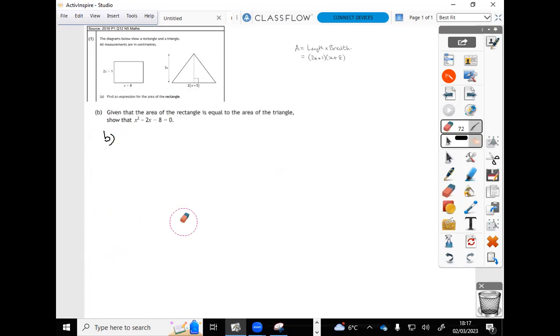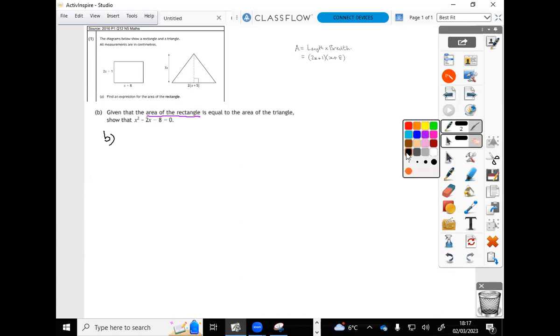Given that the area of the rectangle is equal to the area of the triangle, show that x squared minus 2x minus 8 equals 0. Ignore that x squared minus 2x minus 8 right now. That's our target, where we want to try and get to. We need to start with this bit: given the area of the rectangle.